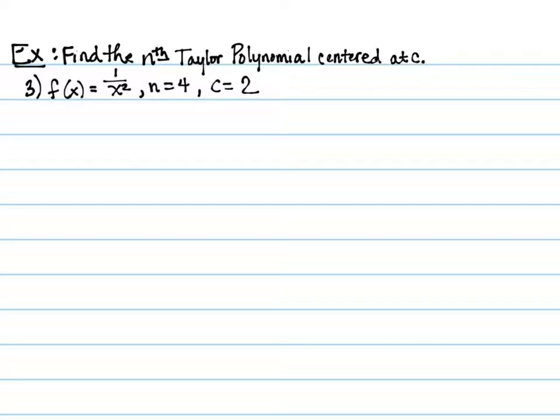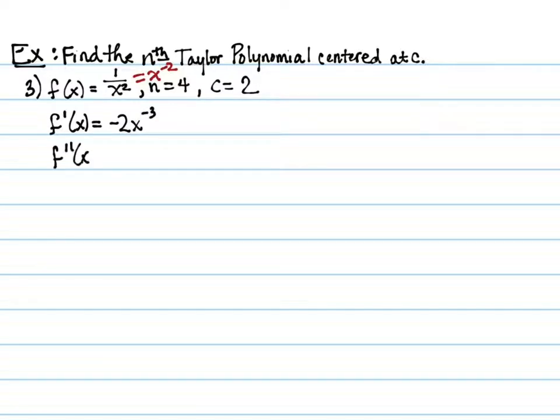Okay, so of course it might be useful to remember how to rewrite this as if it were a polynomial, or at least in exponential notation. How else could I write 1 over x squared? Yeah, x to the negative 2 would be more friendly, so let's write that down. We're going to do a bunch of derivatives, 4 to be precise. So what's the first derivative? Negative 2x to the negative 3.